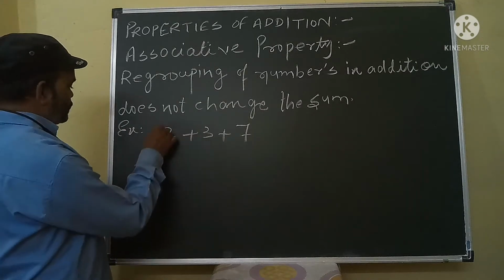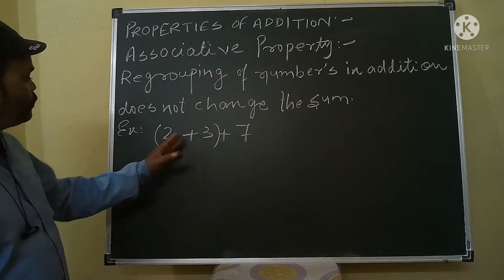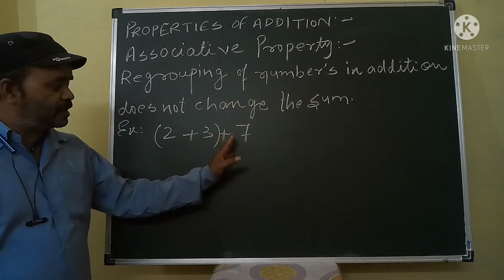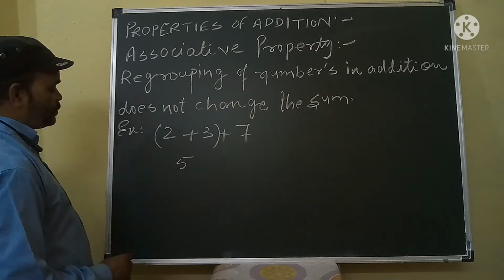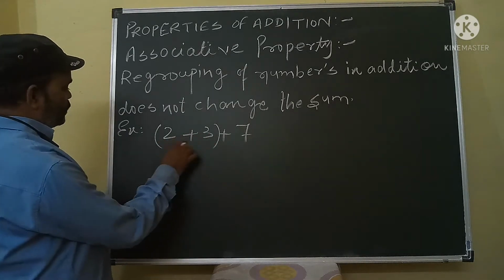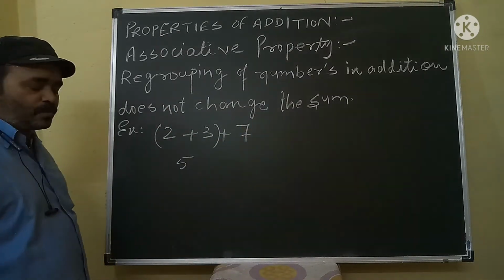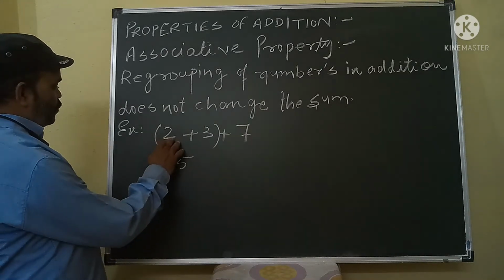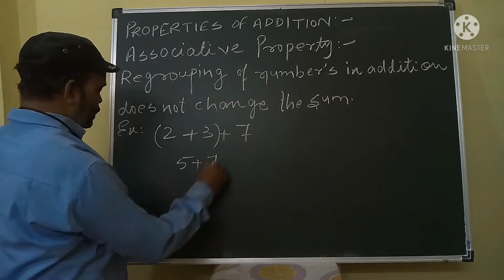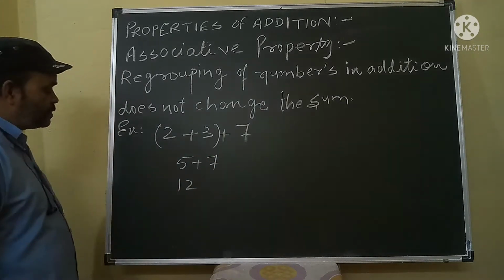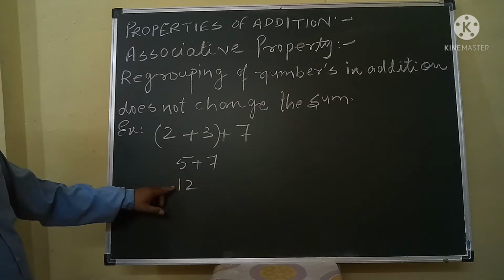First we will add 2 plus 3. 2 plus 3 is in the first group and 7 is in the other group. 2 plus 3 will give you 5. Then 5 plus 7 will give you 12.